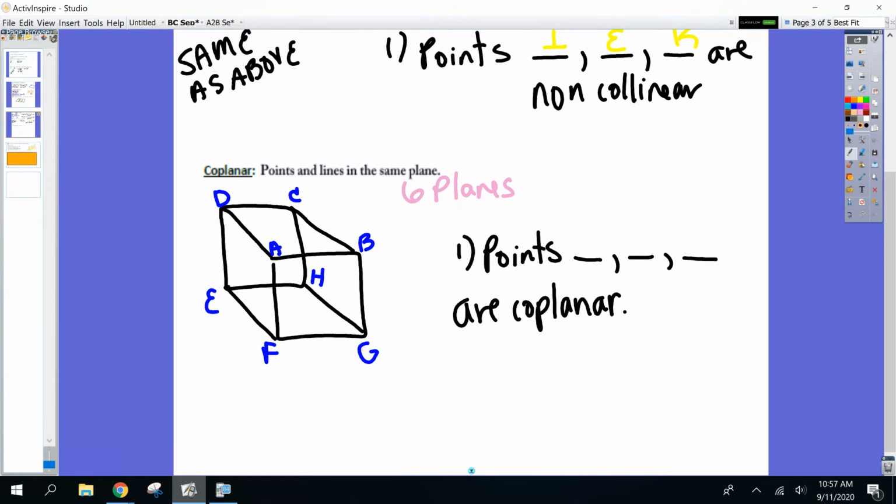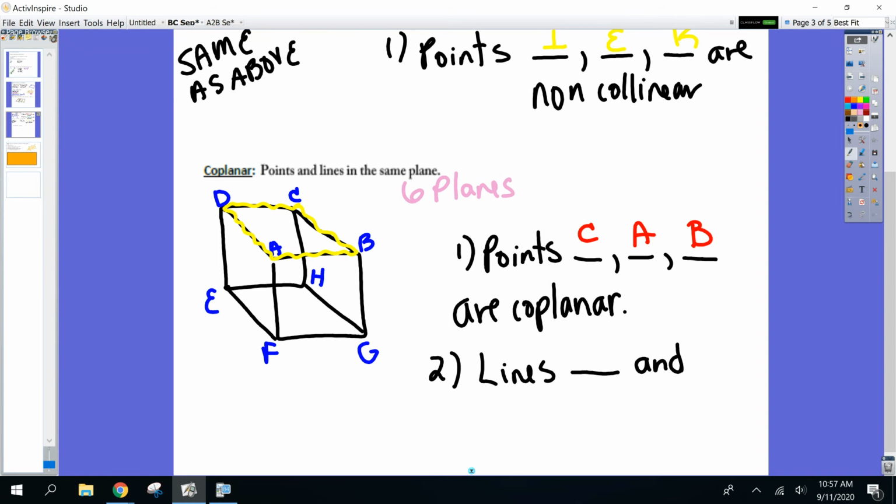Points C, A, and B. I like it. And if you don't know, he is referring to the top plane right here. C, A, and B are all on that plane. So they are coplanar. All right, let me change it up on you. Can you give me lines that are coplanar?